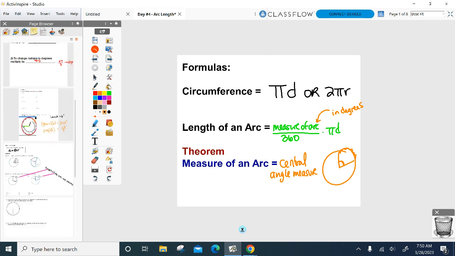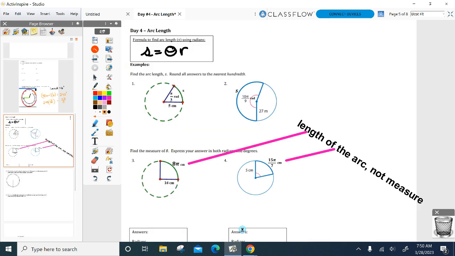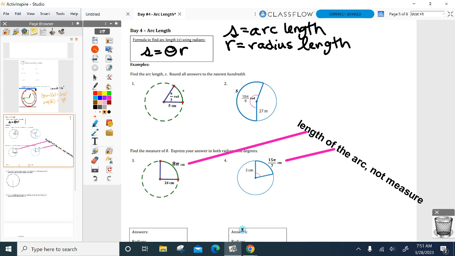So if it is in radians, this is why I'm doing this today. I need to use this formula for arc length. S is your arc length. R is your radius length. And here you go. That symbol is theta.